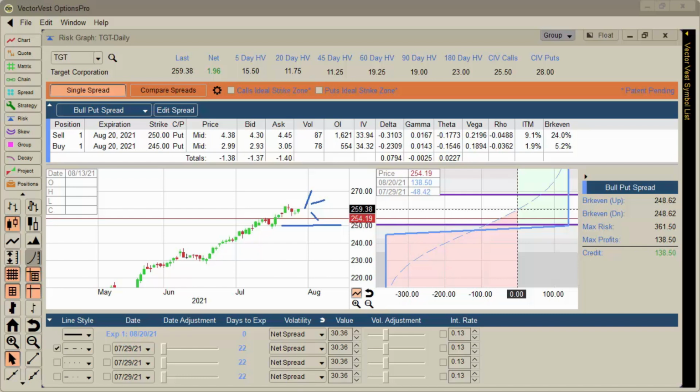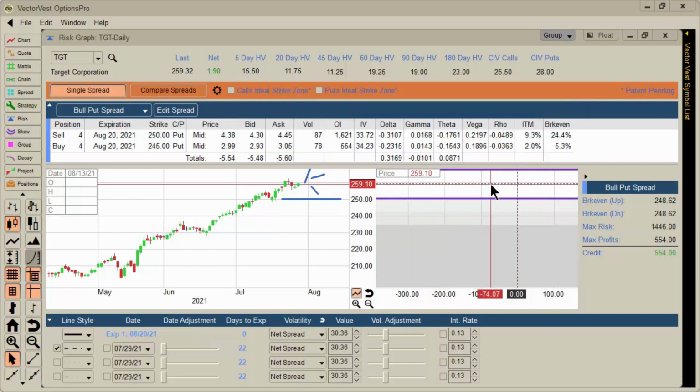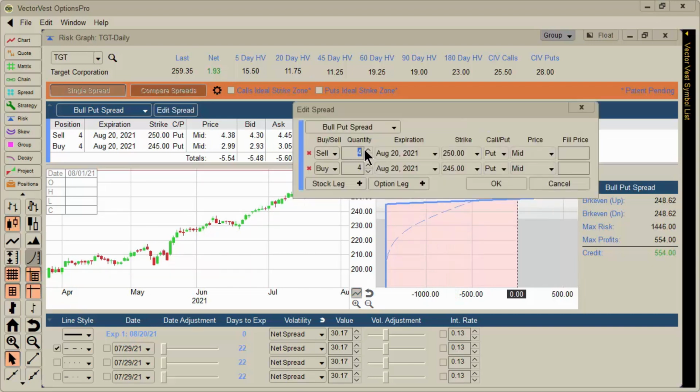So as far as trade sizing goes, I want to make sure at that short strike, if it goes down to 250, I don't lose more than $500. So edit, let's do 4 contracts. Okay. That's going to give me a risk of about 341. So actually, I can go a little bit more.